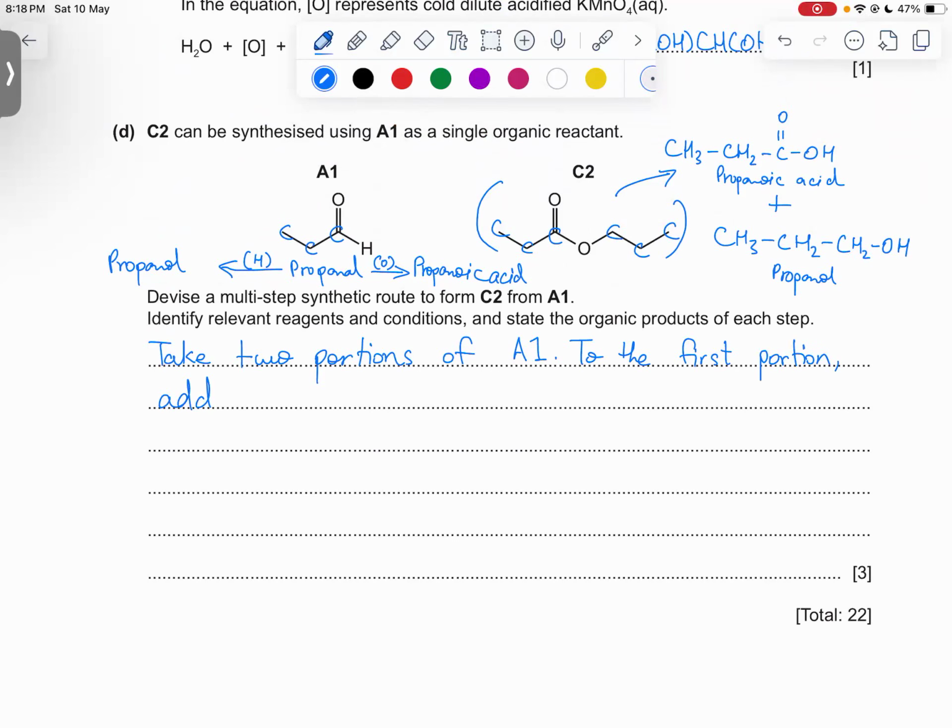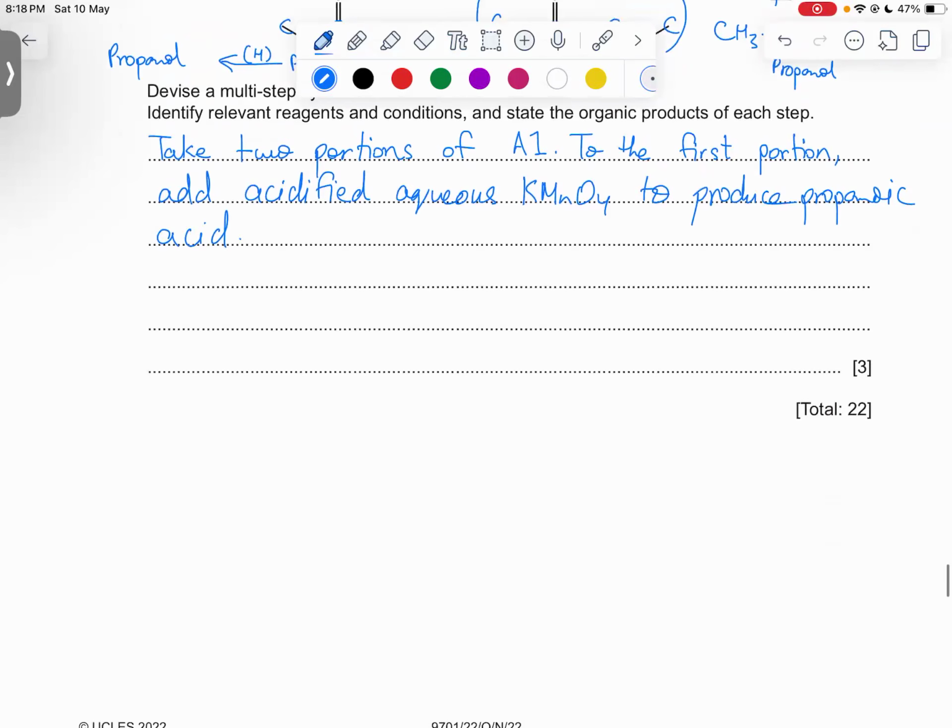To the first portion, add acidified aqueous KMnO4 to produce propanoic acid. All right. Now to the second portion, add, Na, is it?